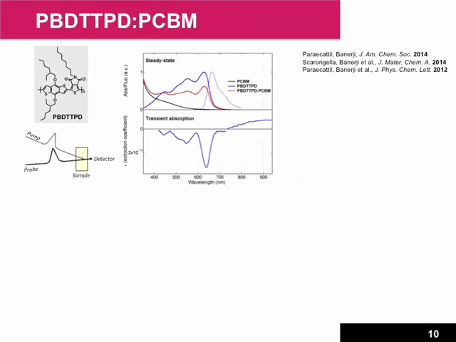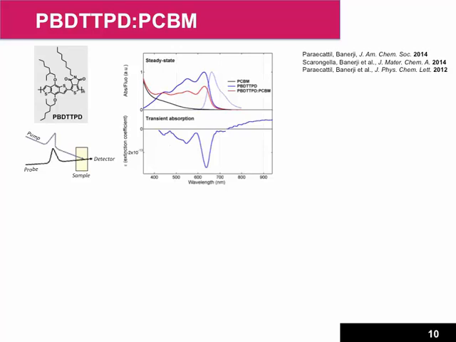Let me start now with the results on the first polymer, the one with the high solar cell efficiency. Here you just have the steady state absorption and emission spectra. In blue is the absorption spectrum of the polymer. It's quite structured. In red you have the blend with the fullerene, and in black you have just the fullerene, and you can basically see that the blend is the composite of the other two.